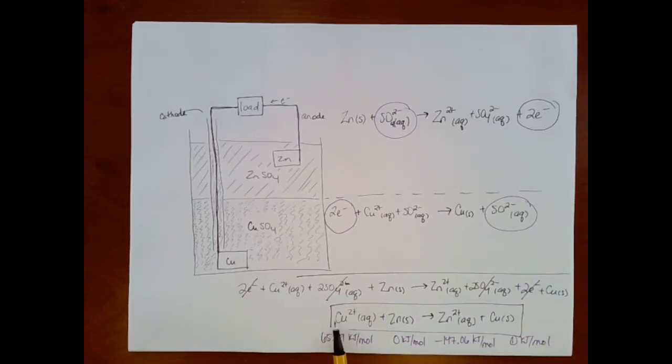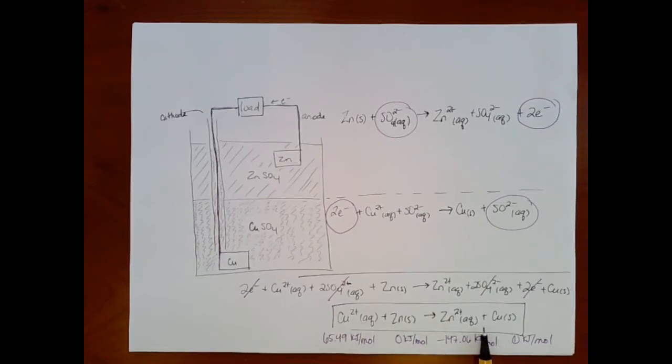So what you maybe notice from this reaction is that really what is driving the spontaneous change is the difference between the Gibbs energy of formation of the copper cation versus the zinc cation.